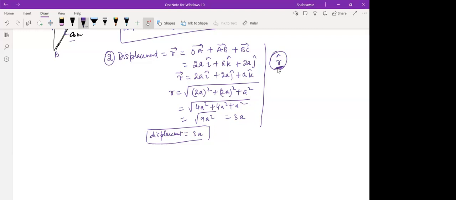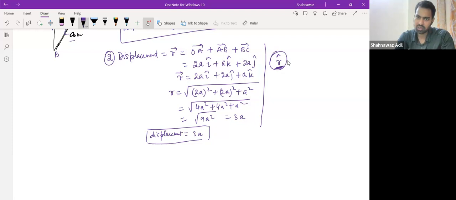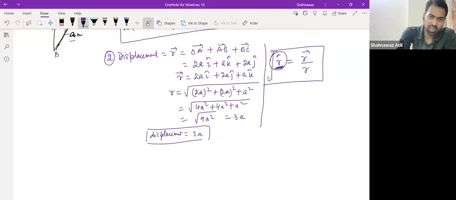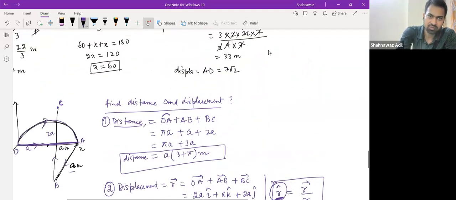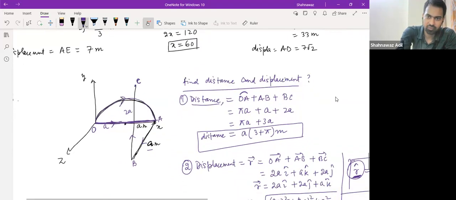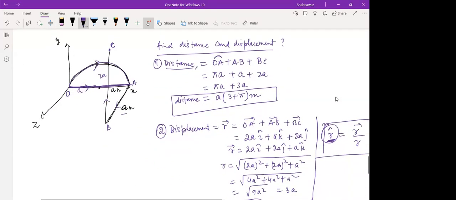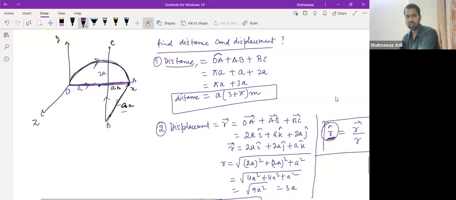So we need to calculate R vector divided by R magnitude. Okay, do you have any doubt in this question? Please note it down, and then we will talk about the speed.